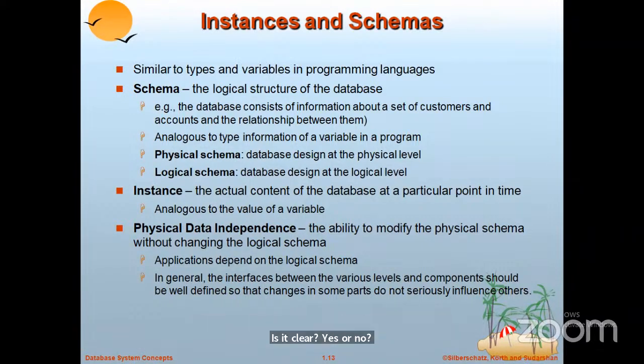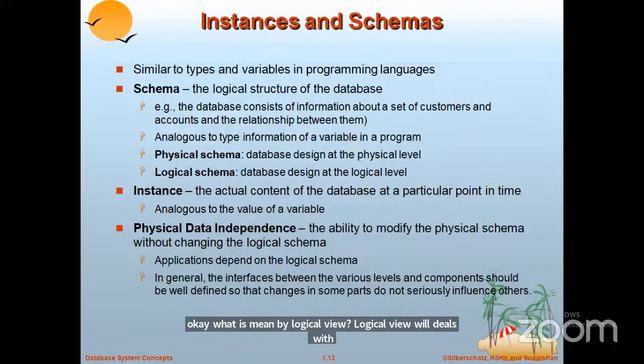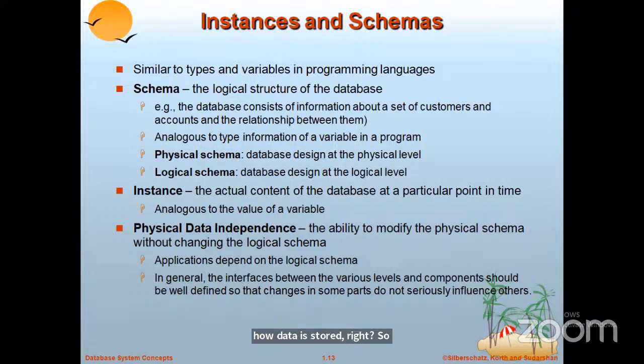Ma'am, once explain physical data independence, ma'am. Physical data independence is nothing but it is in a logical view. What is meant by logical view? Logical view deals with how data is stored. We have three levels: view level, logical level, physical level. Physical level is the lowest level, where we see what data is stored.